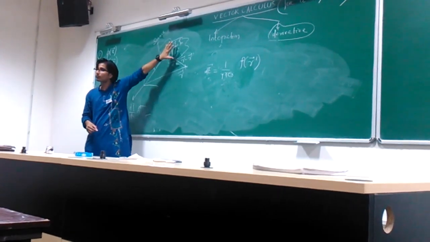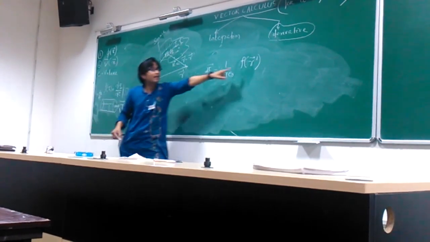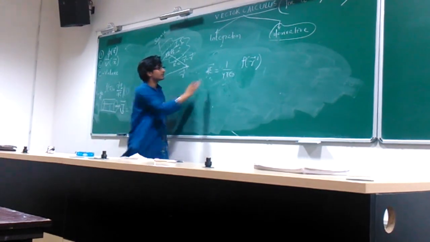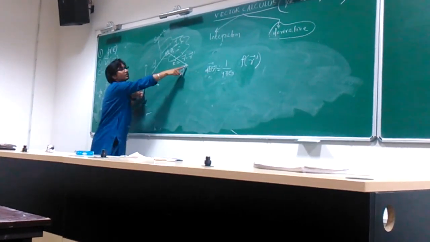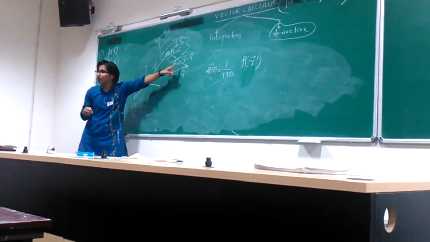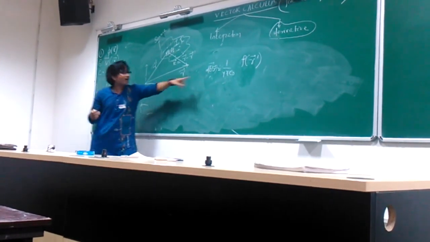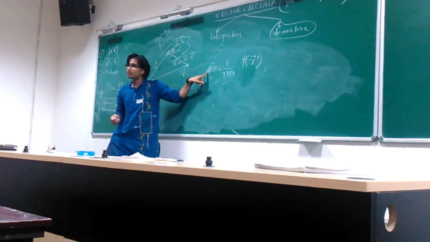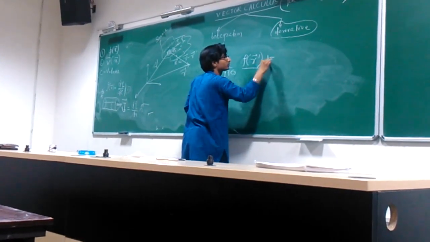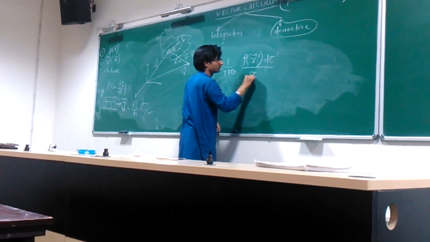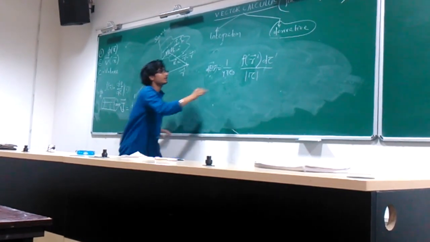So source variables depend on r dash, and field variables depend on r, because I am finding, at some r, what is E. So given r, what is E? That depends on where my source is and what the distance of the source is. What is the distance of source from field?